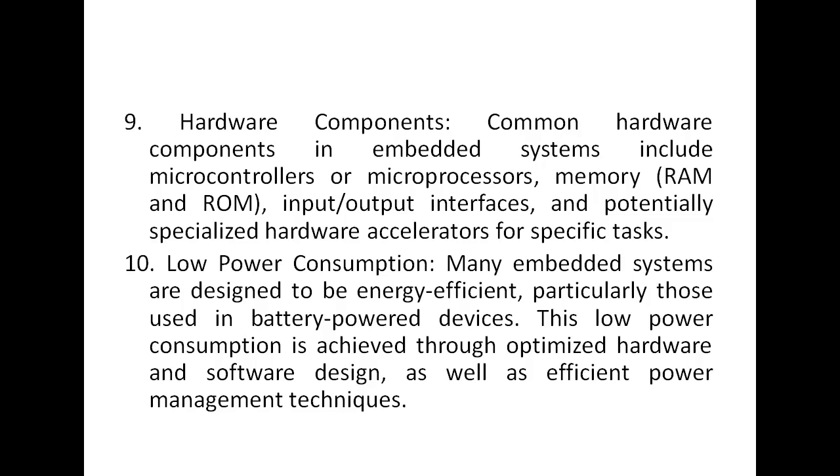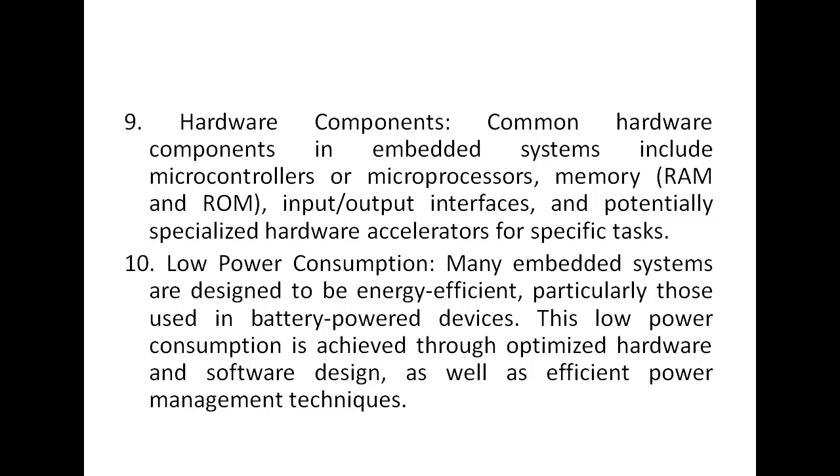Hardware components: as I told earlier, a number of hardwares are there, but common hardware in an embedded system includes a microprocessor, microcontroller, memories, that means ROM or RAM, input output devices, peripherals, and potentially specific hardware accelerators for specific tasks.